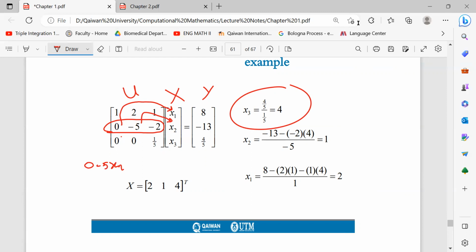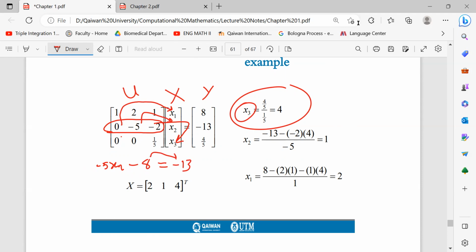Then minus 2 times x3, which is minus 2 x3, is equal to the second element on the right hand side, which is minus 13. Here, x2 and x3 are unknown, but we already found x3. It is 4. We will just replace x3 by 4. We get 2 times 4. What's 2 times 4? 8. It's minus 8.